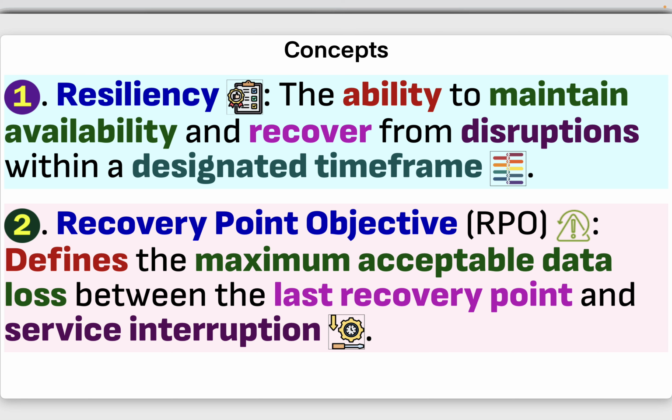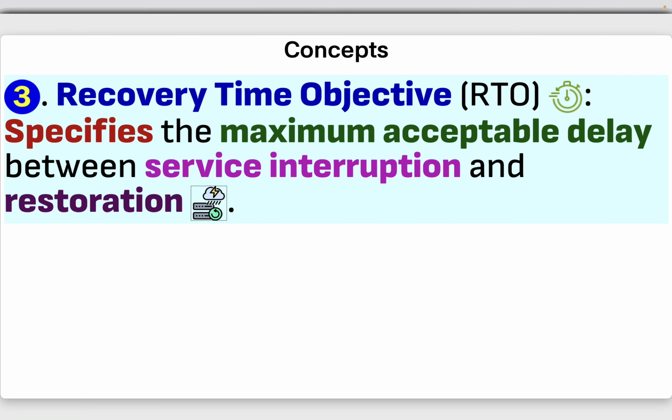Your backup interval will decide how much data you will lose. So recovery point relates to the data. Next, recovery time objective specifies the maximum acceptable delay between service interruption and restoration. This is straightforward because the time is in the concept itself. This relates to how much time it takes to recover.